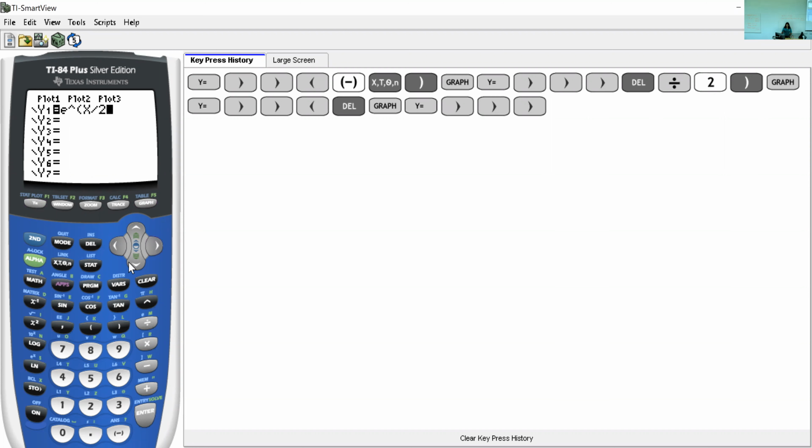Will things change if, for instance, I got rid of divide by 2, I have e raised x, and I'm adding plus 2.